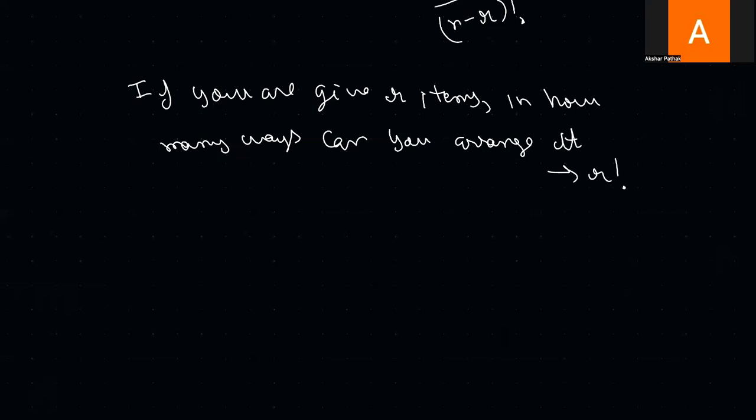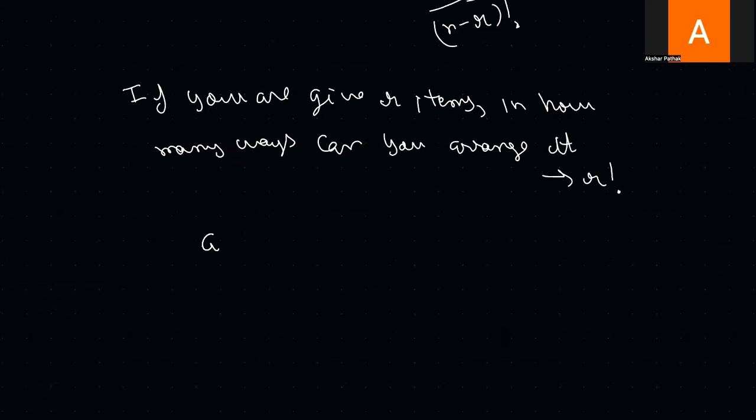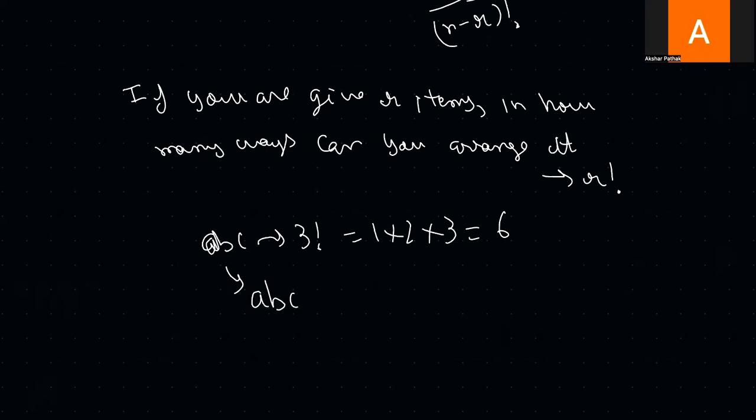You can take an example of ABC. In how many ways can ABC be permuted? It's 3 factorial, which is 1 into 2 into 3 equal to 6. I can also write it in 6 different ways: ABC, ACB, BAC, BCA, CAB, CBA.